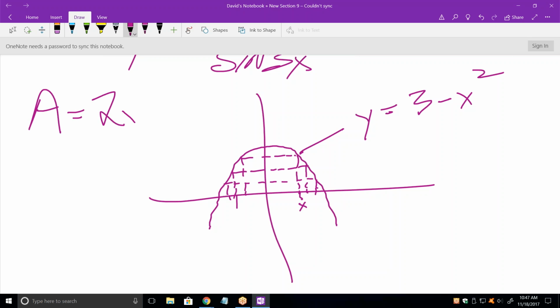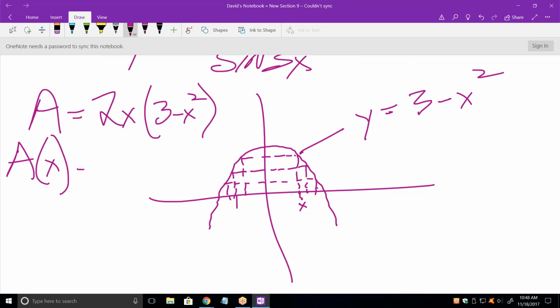So it's 2x times the height of the rectangle, which is always y. And in this case, instead of y, I'm going to write what y is, 3 minus x squared. Now, the area of that rectangle is a function only of x.